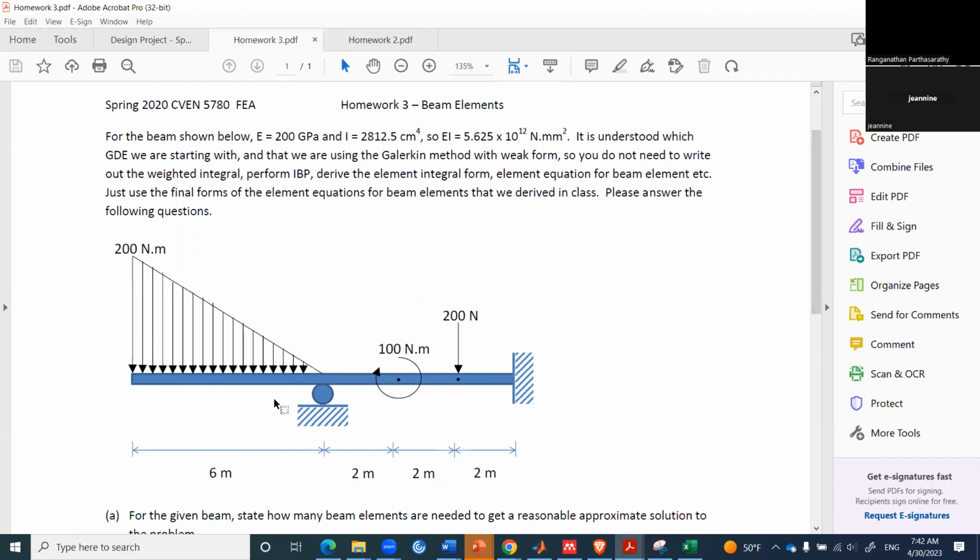Like we discussed, we could even do this using 2 elements, but then we didn't do the case for a distributed moment load or concentrated moment load in the class procedure. So we are just taking 4 elements: one up to the support, first element; then up to this concentrated moment, second element; then here to 200 Newton, third element; and there to the support, fourth element.